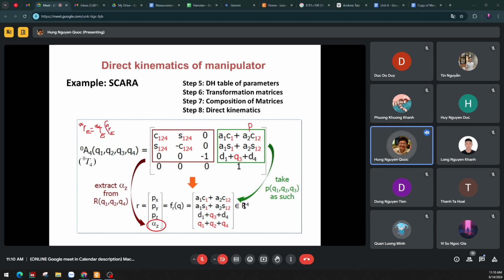And in this case, because n and e are the same, this is 0, 0, 0, 1.